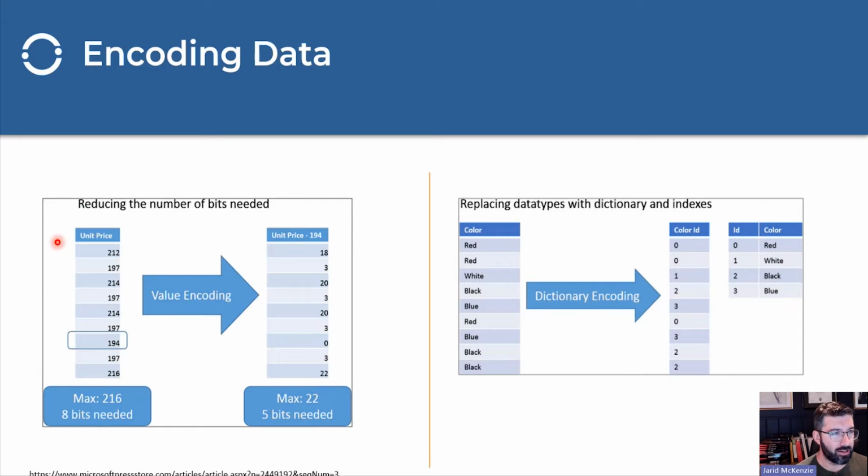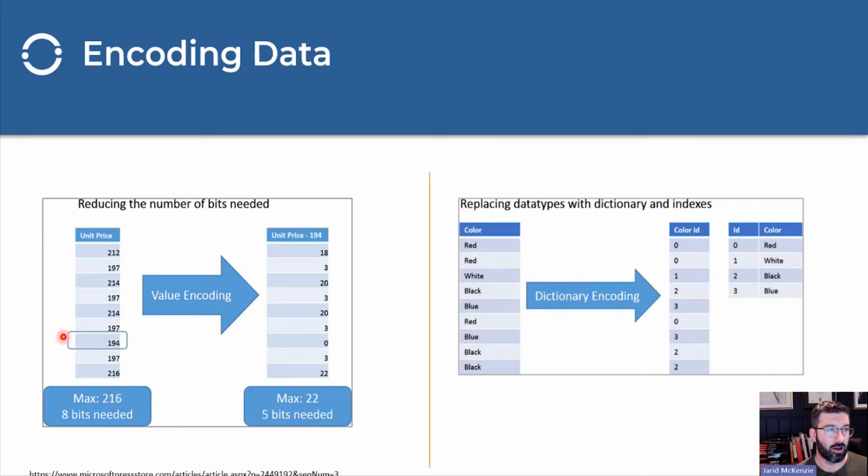On the left-hand side here, you can see we have numbers from 194 up to 216. If you were to represent those in a binary format, you would need 8 bits of data to encode that. What happens is it takes a unit value of 194. This is just the lowest value. So we take the range of possible values and subtract that from the unit price.